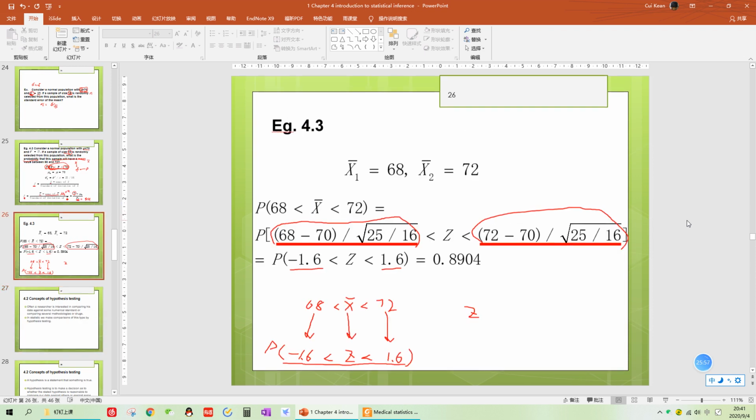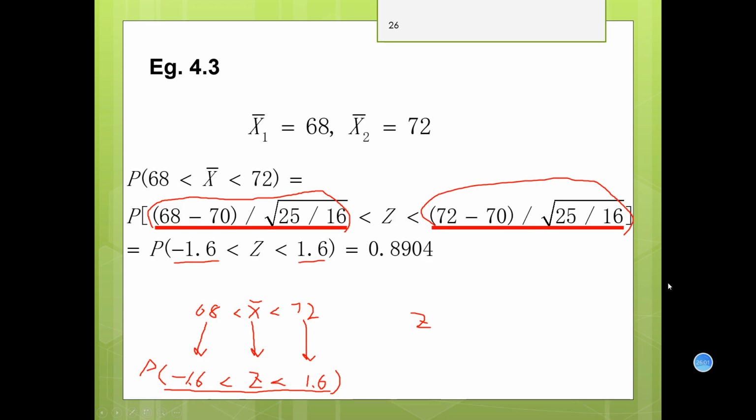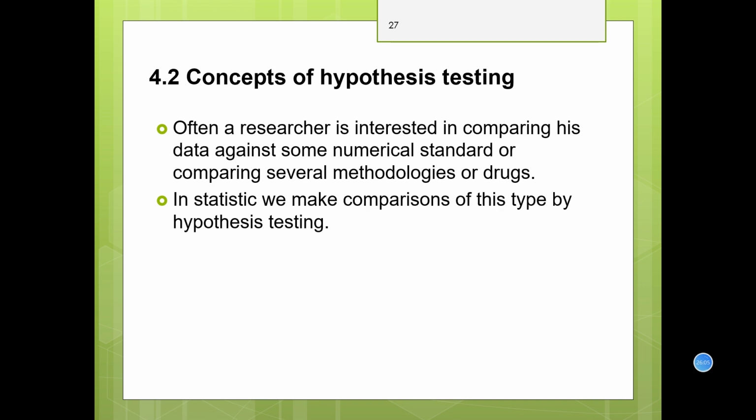Okay, so this is how we can use the formula of sigma x bar. Next one, let's talk about the concepts of hypothesis test. In chapter 4, we only need to know some basic concepts and definitions about hypothesis test.